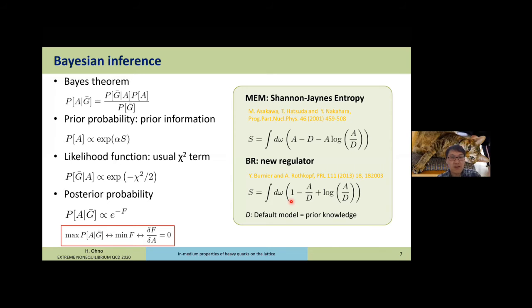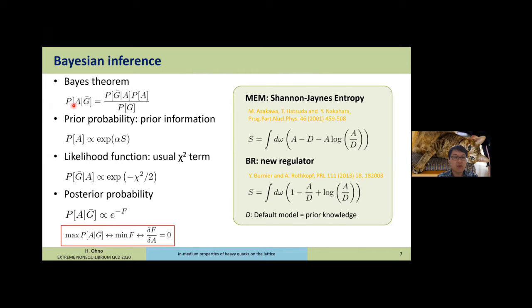So here I will briefly explain what Bayesian inference is, in the sense of extracting spectral functions. This method is based on the Bayes theorem, and here P(A|G) means the probability of getting some spectral image given some correlation function data.